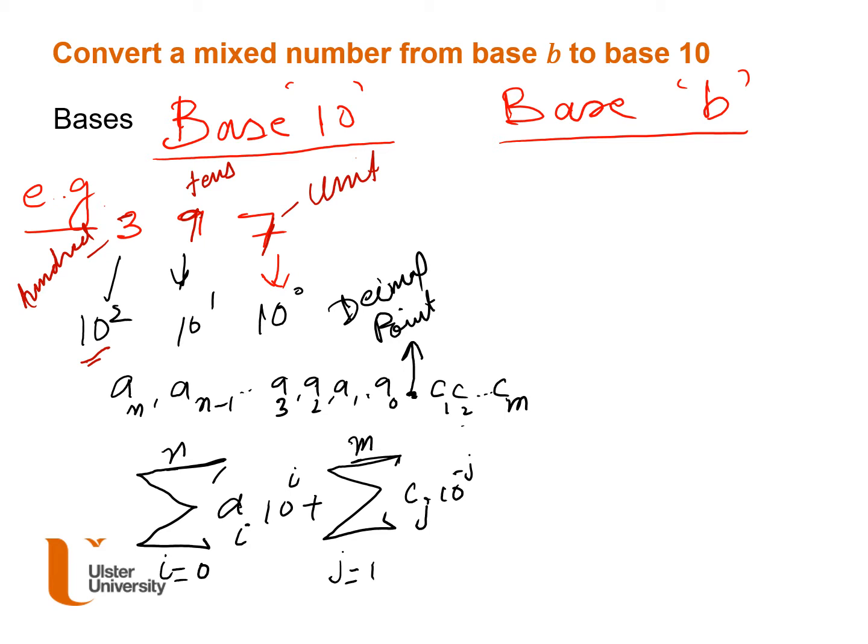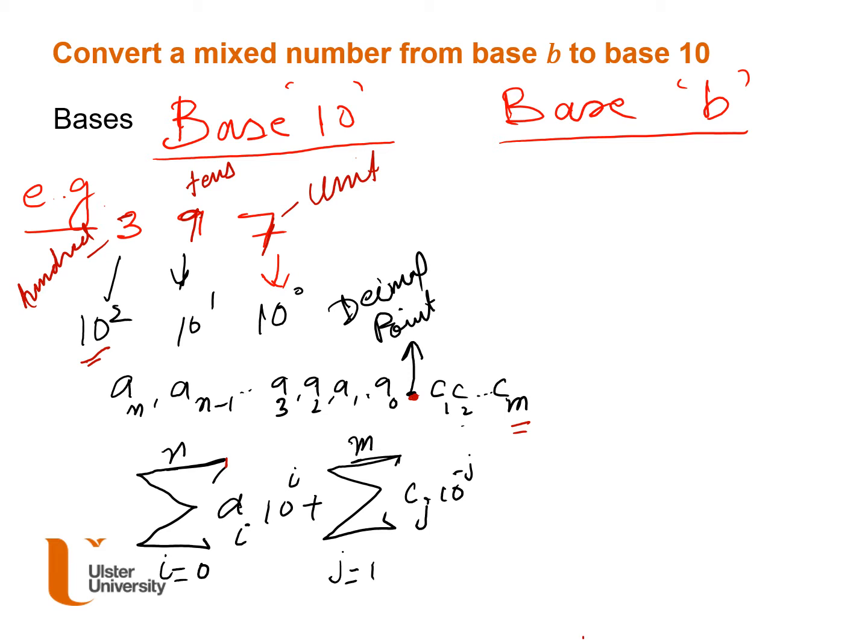When we have to write a number in base 10, it means a_n, a_(n-1), and so on till a3, a2, a1, a0. And then here we got a decimal point, and we have c1, c2, and c_m is, let's say, the last term.